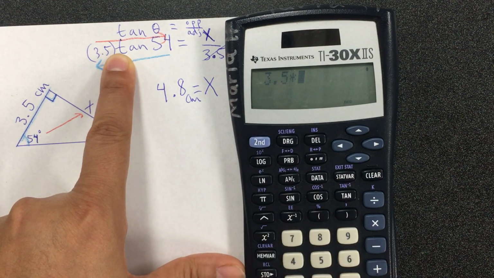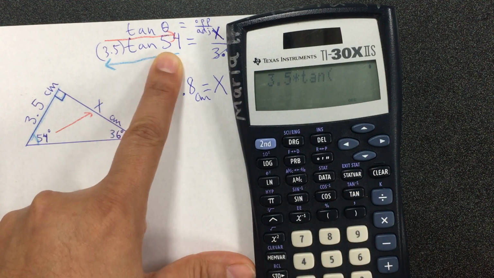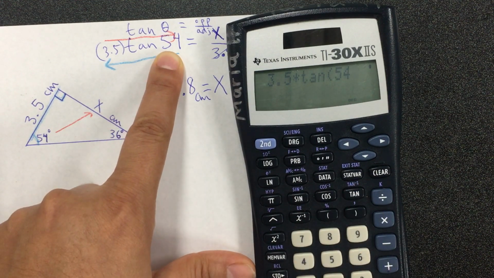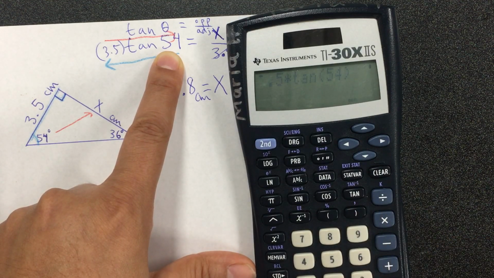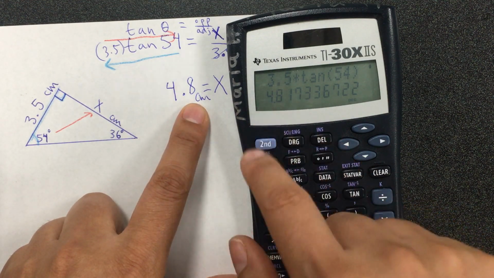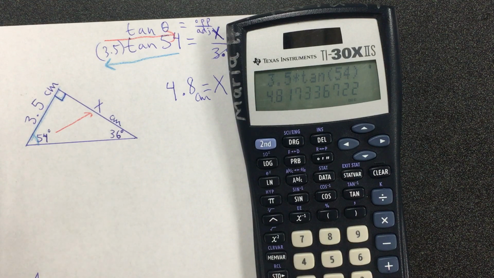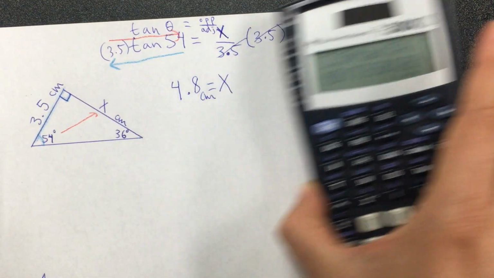Remember, that means times tangent 54, close parentheses, equal. And the answer is also 4.8. The 1 doesn't make it 9 because the 1 has to be 5 or more, okay, in order for the tenths to go up.